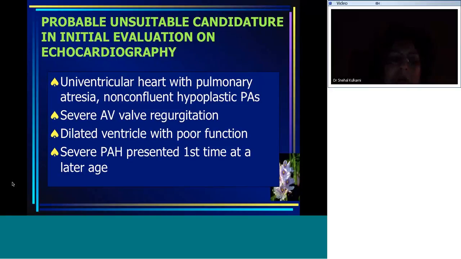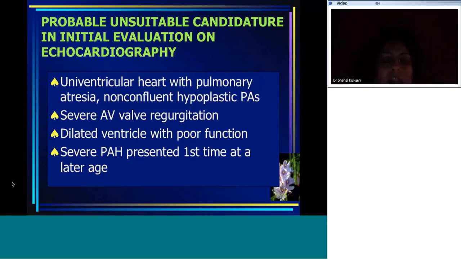So if you have a univentricular heart with pulmonary atresia, multiple collaterals, non-confluent hypoplastic branch PAs, severe AV valve regurgitation, a dilated ventricle with poor function, and severe pulmonary artery hypertension presenting first time at a later age. So you have a 5-year-old boy with a double inlet ventricle and severe pulmonary artery hypertension, and whatever you try to do, you will never have normal pulmonary artery pressures even if you do banding and anything.